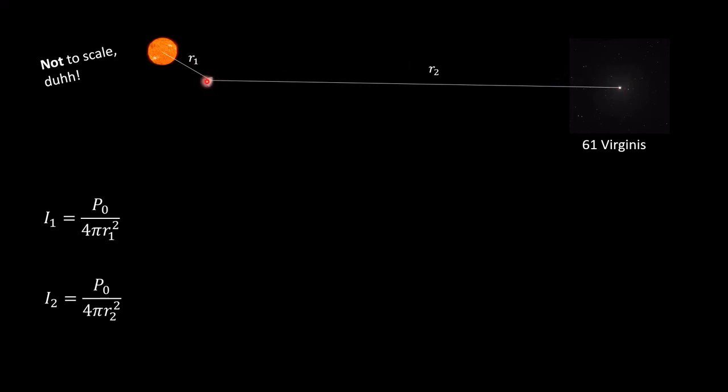And obviously we expect that light to be much less intense because it's way less concentrated being so far from the star. And the reason why I've got the same symbol for the source power in both expressions is because since they're both G-type stars, we can assume that they have the same power output.